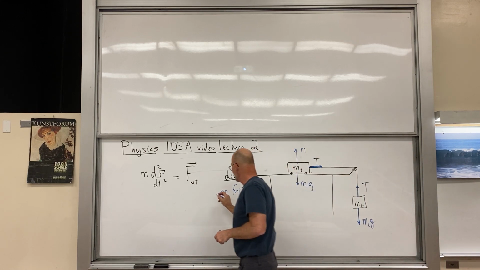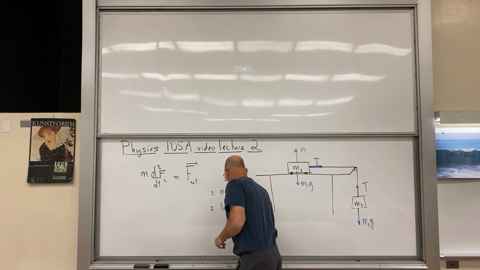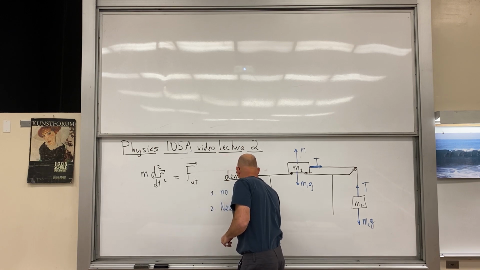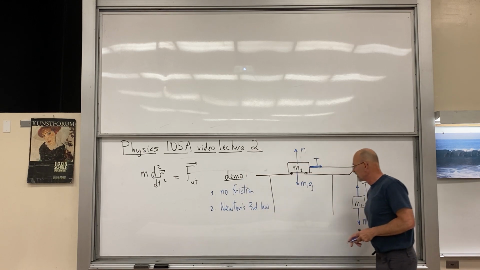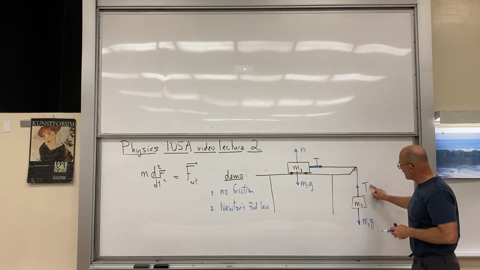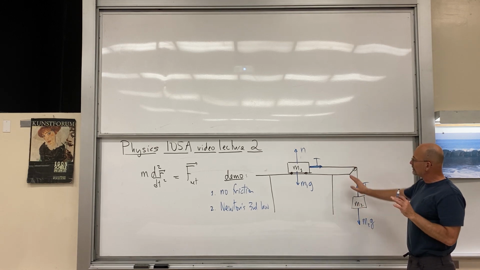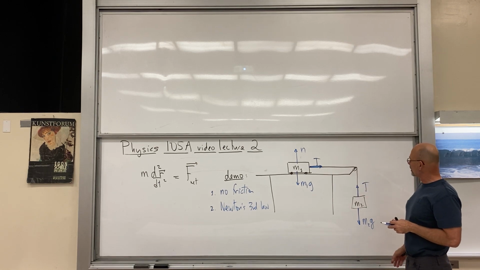So the first thing here, we have no friction. We have Newton's third law, which is that the forces between these are equal and opposite, so that's why these two are the same. And then we've learned to do a free body diagram and set up Newton's law. So I'm going to go ahead and repeat that.